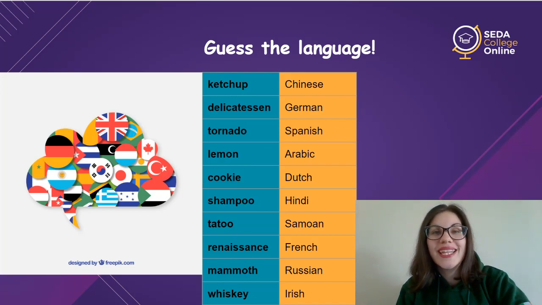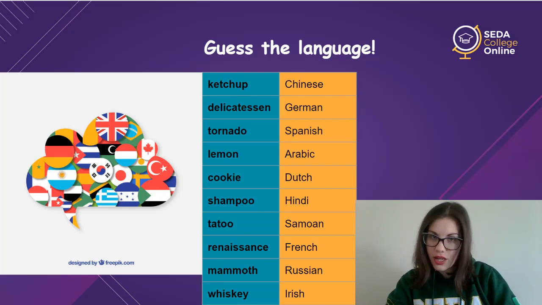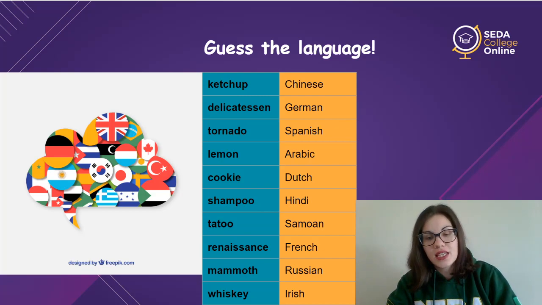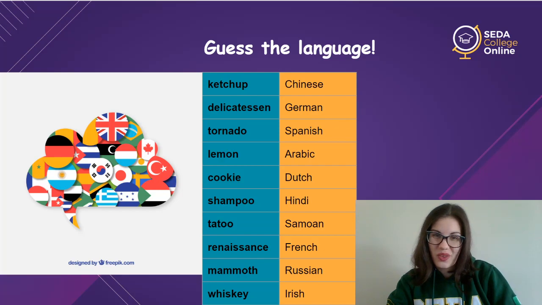Shampoo comes from Hindi. Tattoo is Samoan, Polynesian word. Renaissance, of course, French. Mammoth, Russian. And of course, you should know the last one, definitely whiskey, Irish. Okay, which means water of life, if I remember well.